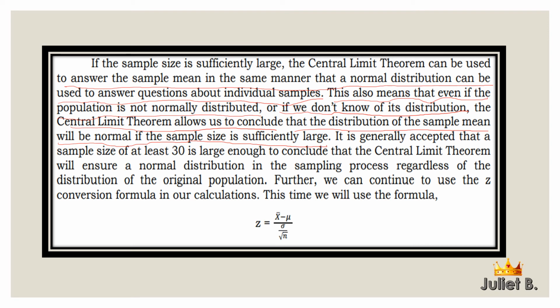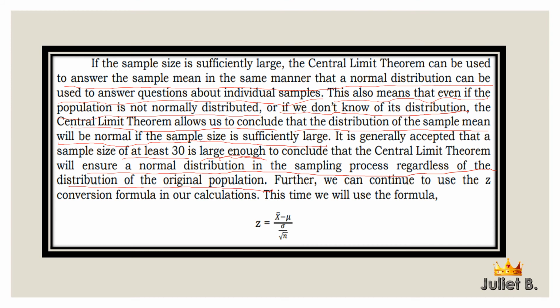It is generally accepted that a sample size of at least 30 is large enough to conclude that the central limit theorem will ensure a normal distribution in the sampling process regardless of the distribution of the original population.